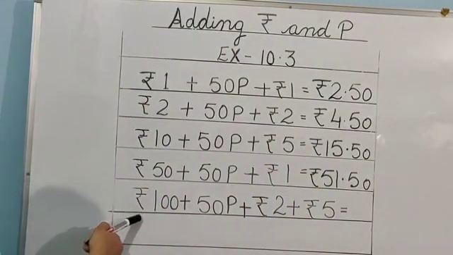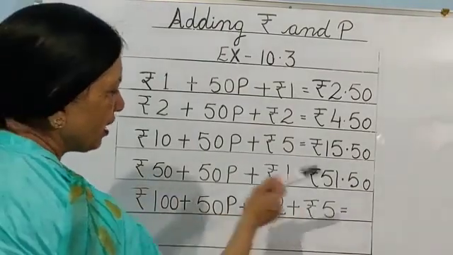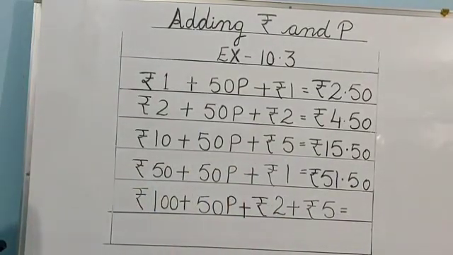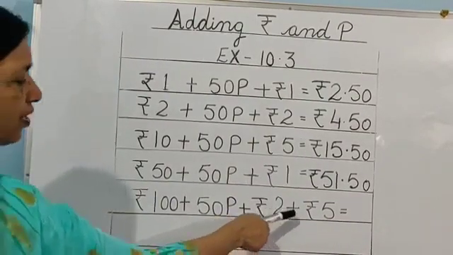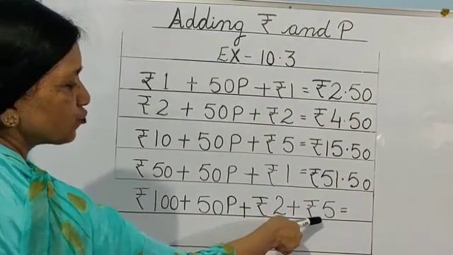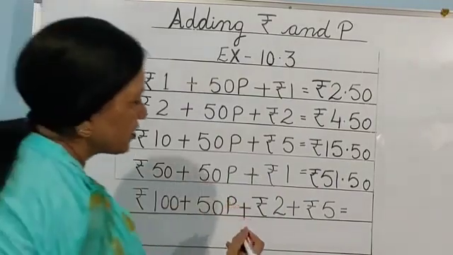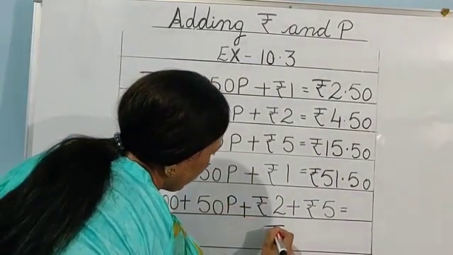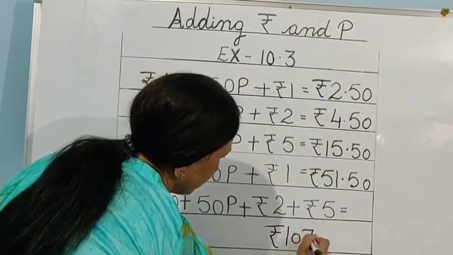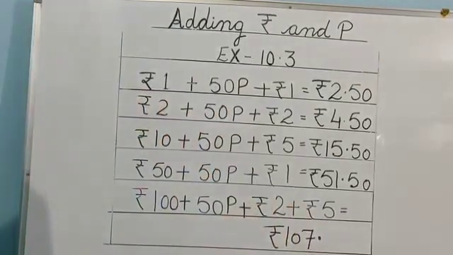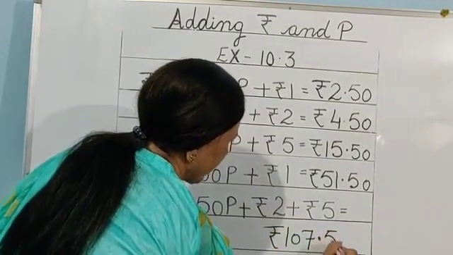Now rupee 100 plus 50 paise plus rupee 2 plus rupee 5. Rupees 2 plus rupees 5, rupees 7. 107. And how many paise are there? 50.